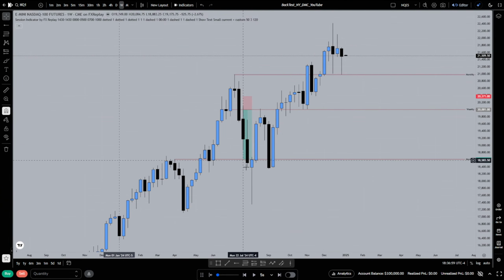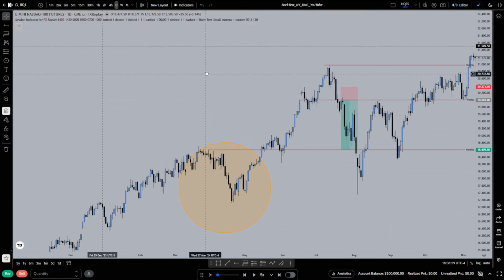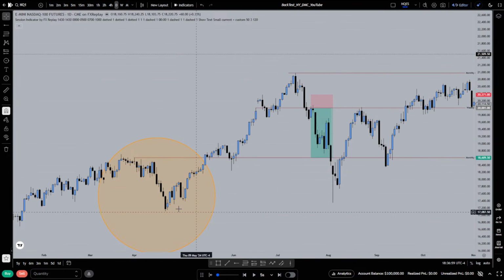Then after we get to this monthly level, there's probably something in the daily here. Let's just double check. So we have this leg down.